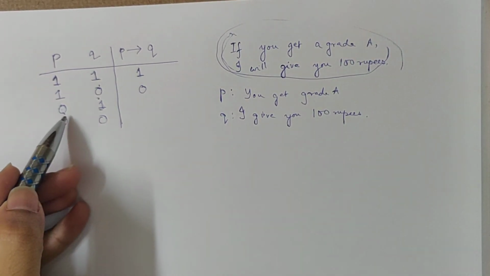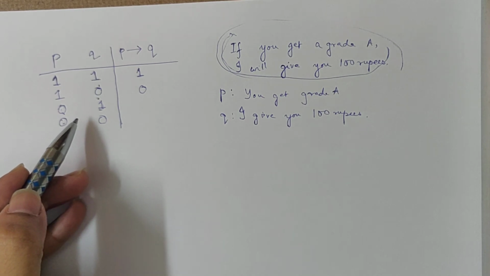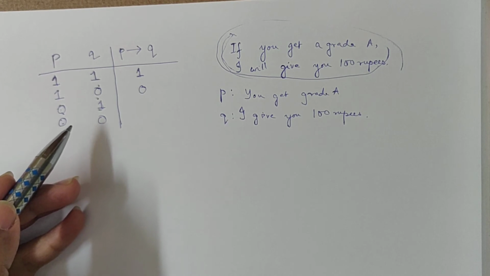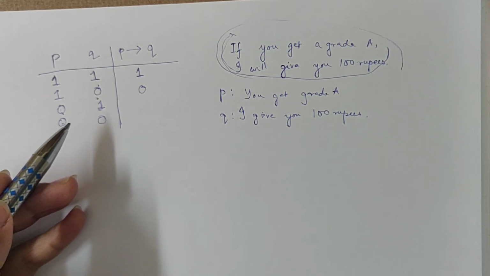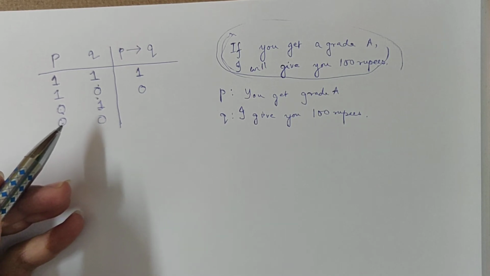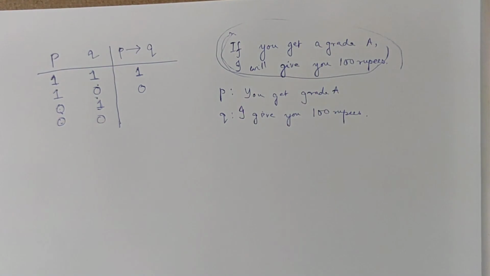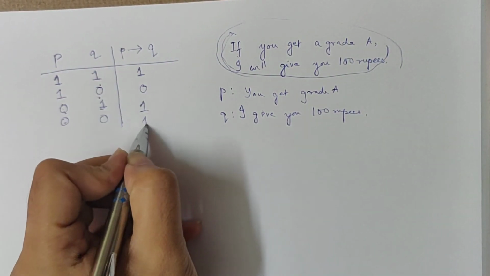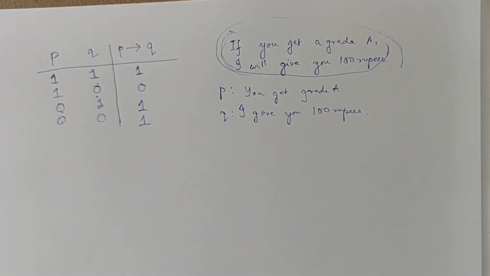The entire condition was based on you getting the grade A. Since you did not get grade A, whether I have given you 100 rupees or not, I did not break my promise. So this implication is not false. And if it is not false, in a two-valued logic, then it must be true. So this explains the truth table for implication.